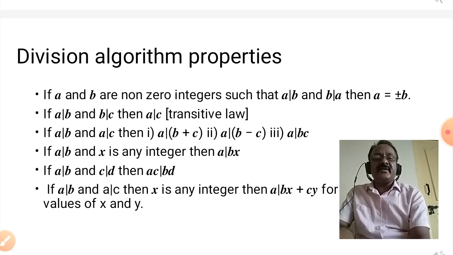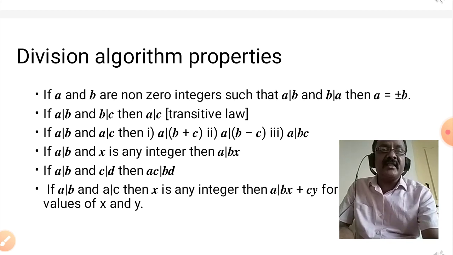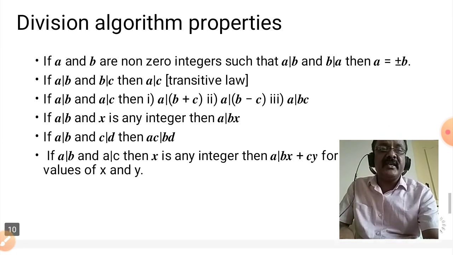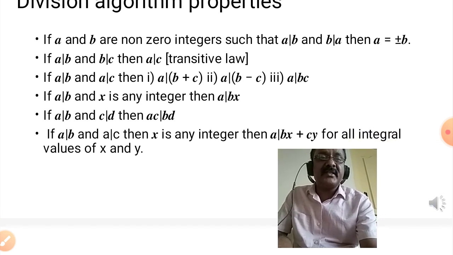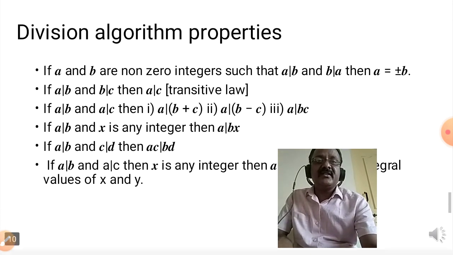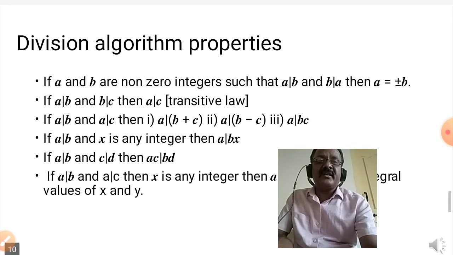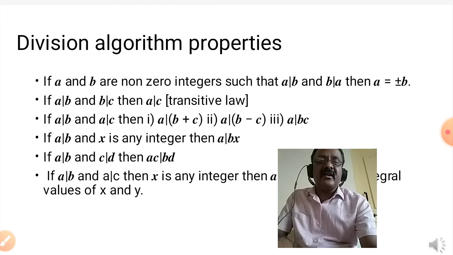If a divides b and a divides c, and x is any integer, then a divides bx plus cy for all integral values of x and y. So these are the elementary properties of the division algorithm.